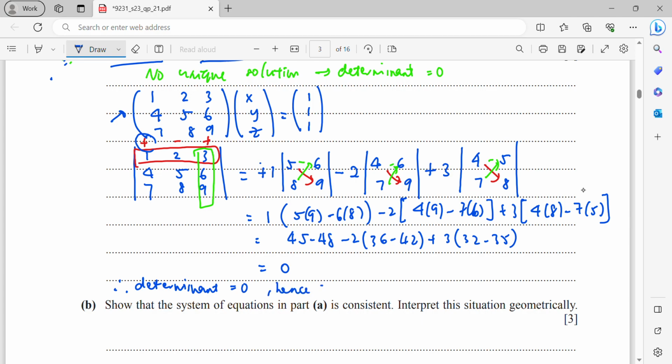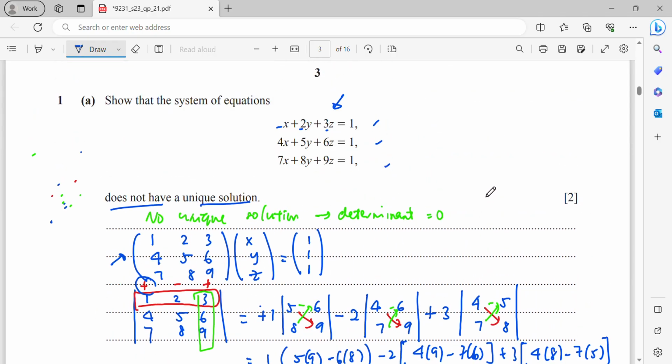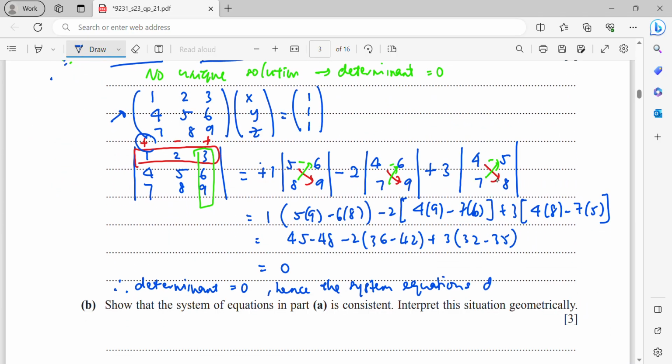Hence, the system of linear equations does not have a unique solution. That is the solution.